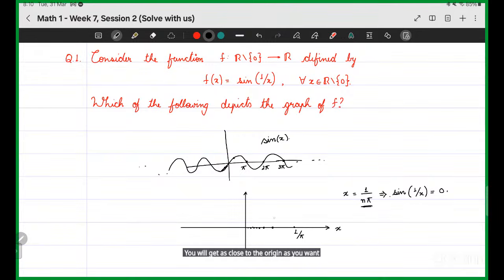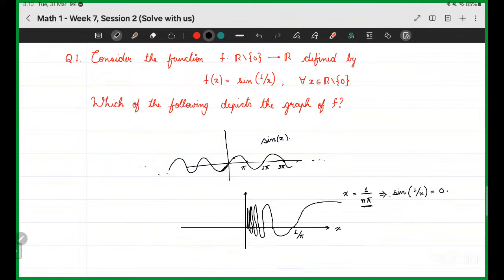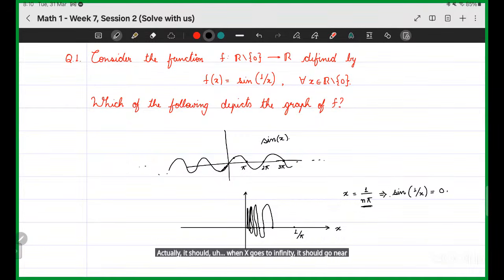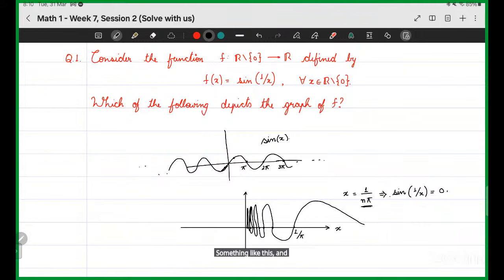So it becomes denser and denser as you go closer to the origin. And over here, you'll have something like this. Actually, when x goes to infinity, it should go near sine 0. So you'll have something like this, and the reverse image on the other side.